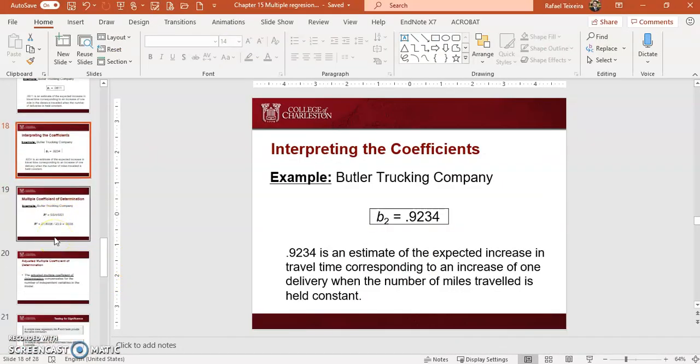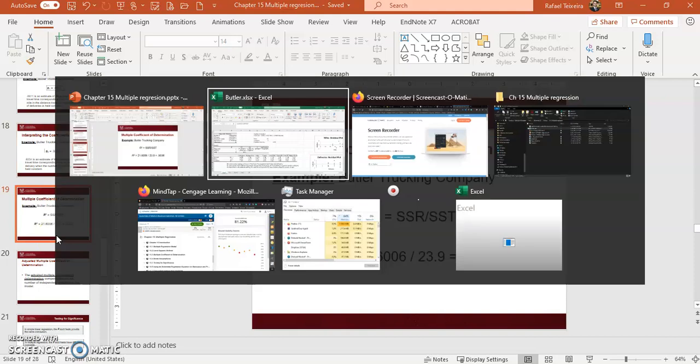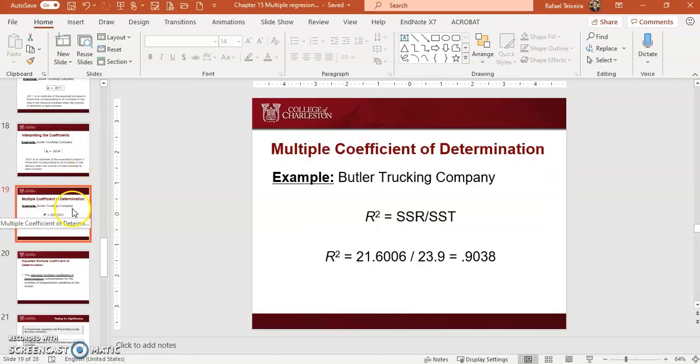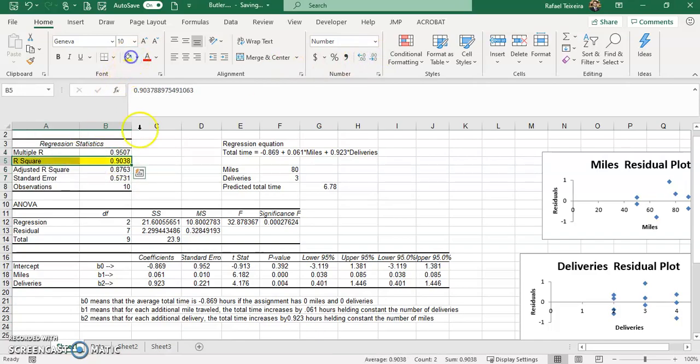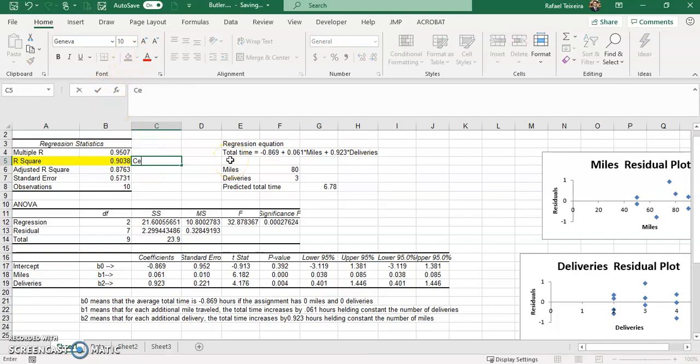Okay, so let's take a look at the coefficient of determination. Remember, the coefficient of determination is the r squared. Let me reduce the number of decimal places. So this is the coefficient of determination. This is how much the dependent variable is explained by the independent variables in our model.